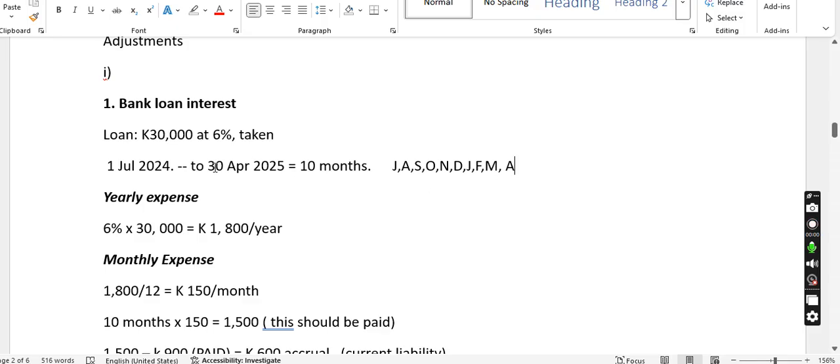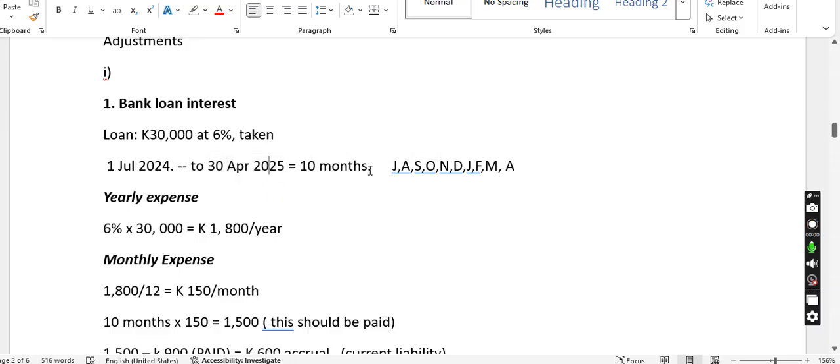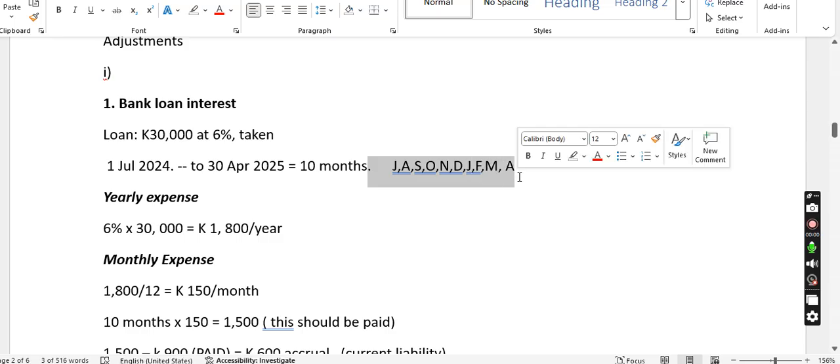We're including April. Why? Because it says 30th April. If it said 1st April, you are not going to count it in. Okay? So you count how many months? 1, 2, 3, 4, 5, 6, 7, 8, 9, 10. So it is 10 months.